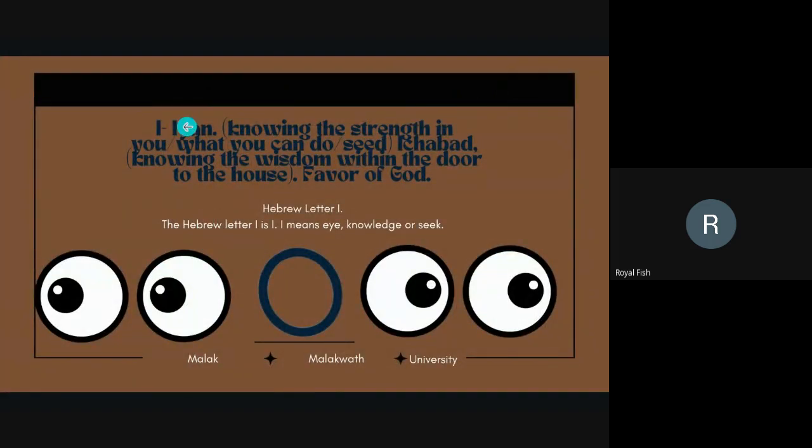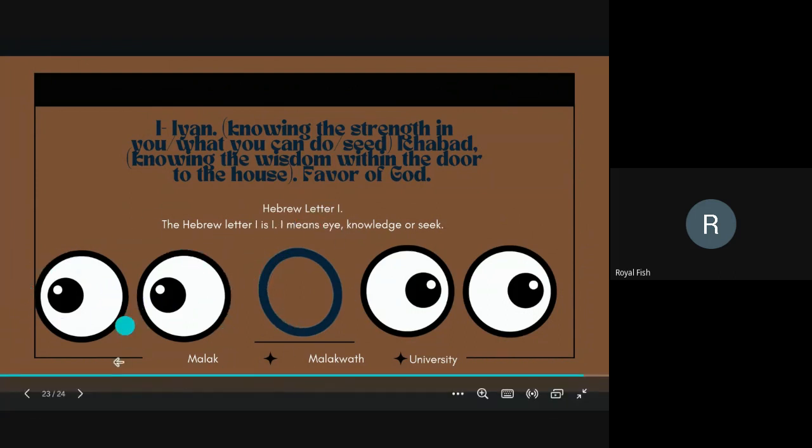Then we have an ayin, which is the Hebrew letter I. The Hebrew letter I is I. I means I, knowledge or seek. So that's a circle because it's supposed to look like an eye, literally.